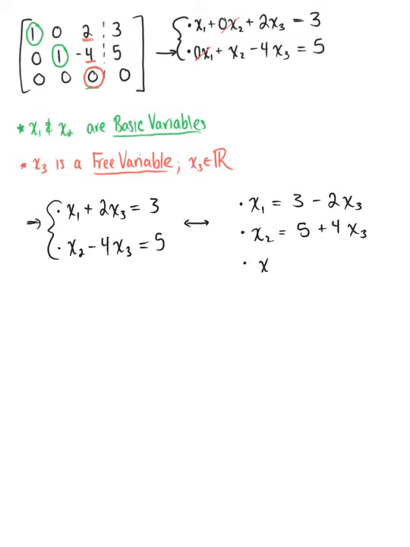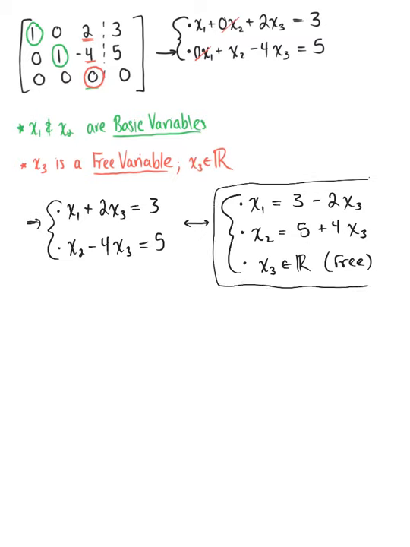And now we can add that x sub 3 is free. It's a real number or scalar value. So this is what the augmented matrix is telling us in our linear equation form. But now we want to find our parametric description of this. We want to think about the general solution vector. So the parametric description of the general solution is as follows.